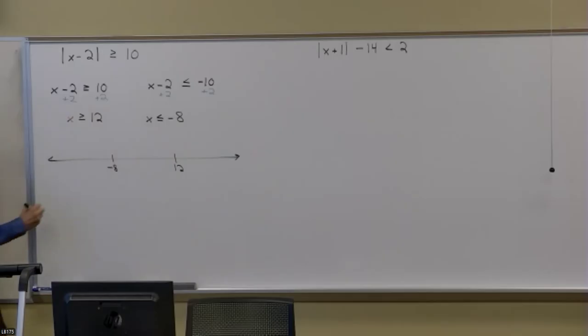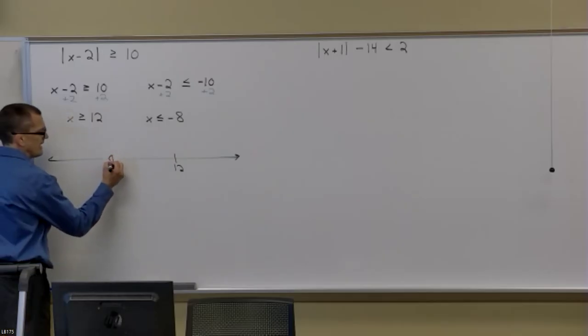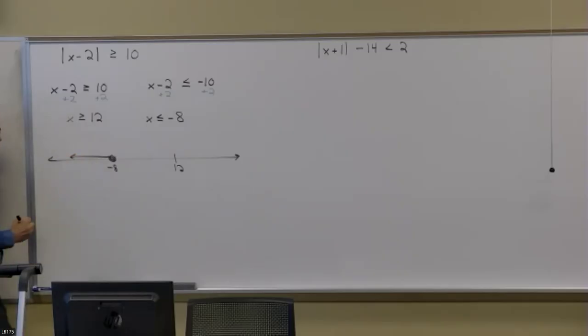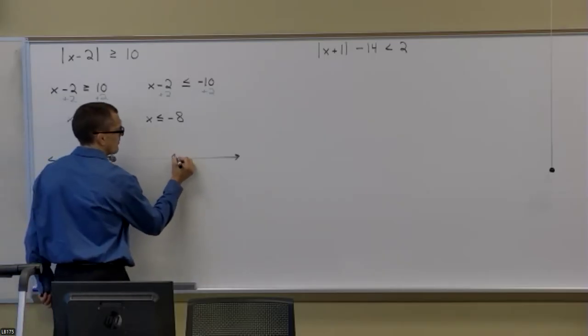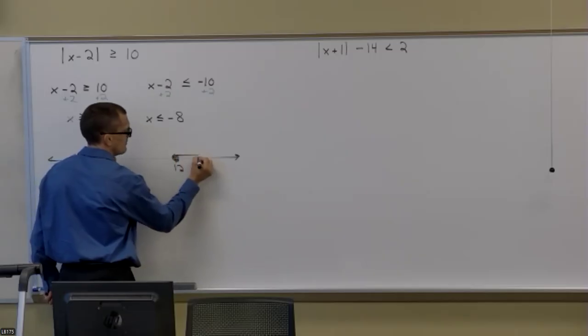To be less than or equal to negative 8 would mean we're to the left of negative 8. To be greater than or equal to 12 means we're at 12 or above.